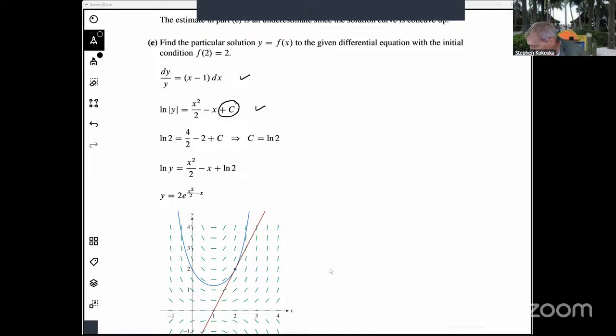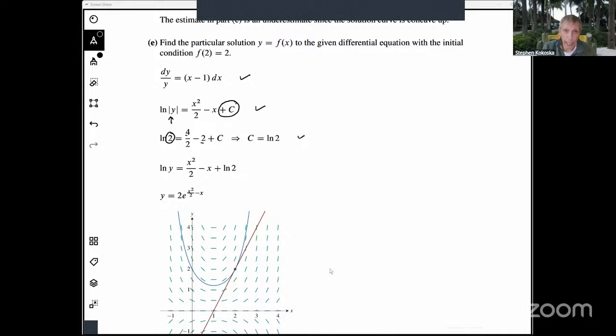I'm going to use the initial condition. There's y equal 2. There's x equal 2 plugged in there and there. And I think that simplifies to c is just the log of 2. How about that? So I know that this argument for this particular solution is positive. So that means, how do you take the absolute value of a positive argument?